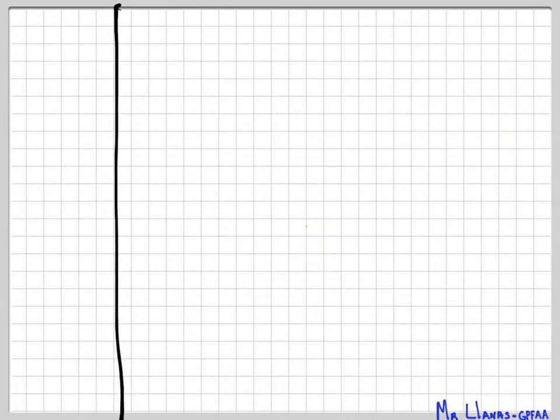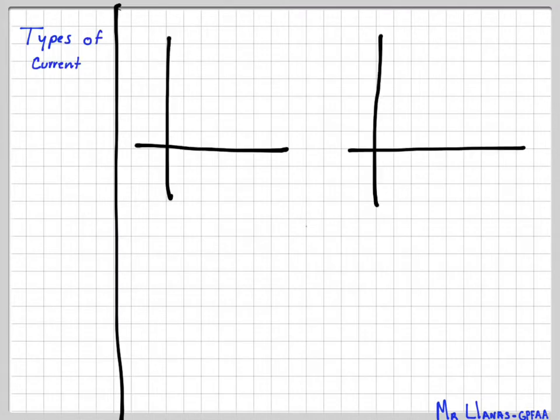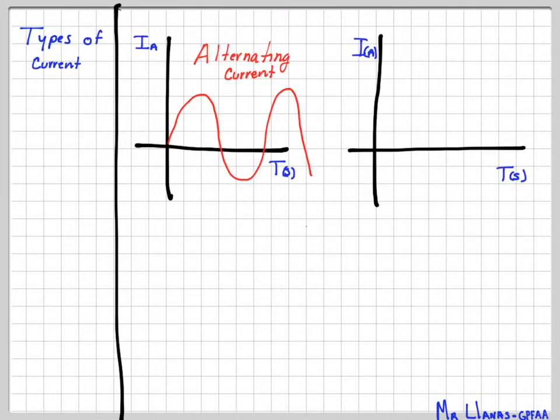Now there are different types of current, and we'll try to explain those to you. The first one is alternating current. In the graph, current is on the y-axis and time in seconds is on the x-axis. Alternating current means that the direction of the flow of charges alternates; they go back and forth.